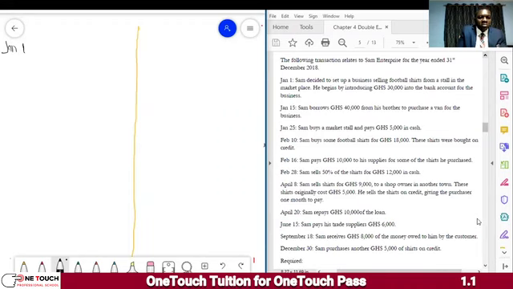So for the first transaction, that is January 1, I have to open my bank account. I have to open my bank account. Good. So I have my credit side, I have my debit side.